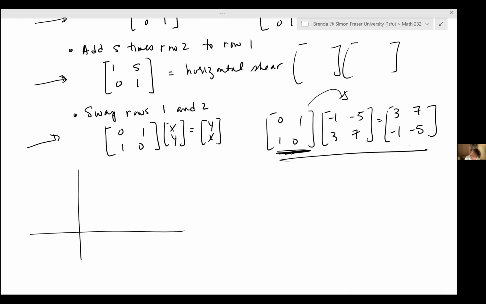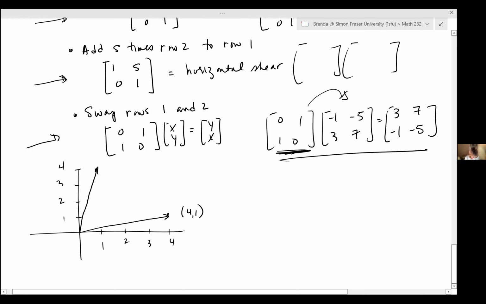So what does that look like? Let's draw a picture here. Let's just take a vector like, I don't know, 1, 2, 3, 4, like that, and 1. There's the vector 4, 1. Let's swap X and Y. That'll get us 1, 4. There it is.